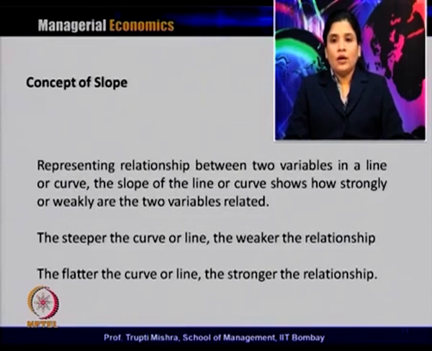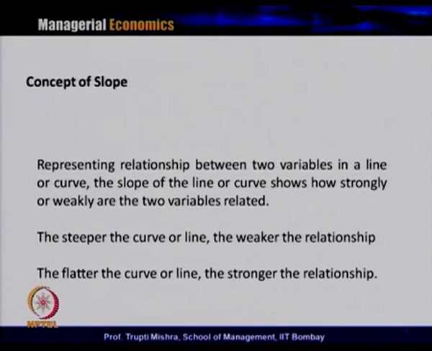In order to find the slope, we represent graphically the relationship between two variables. If the two variables are linearly related, we get a line. If they are non-linearly related, we get a curve. And slope generally says how strongly or how weakly these two variables are related to each other.